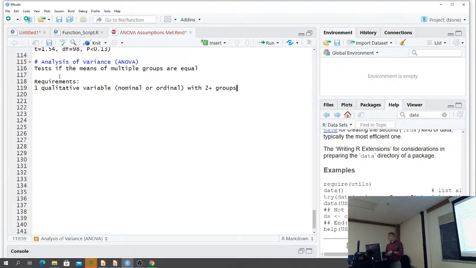It just becomes hard to detect differences or identify where the differences lie. So we have one qualitative variable with 2 plus groups. This is our dependent variable. And then we have one measurement variable, one quantitative variable. So this could be continuous or discrete. All right, and this is our independent variable.